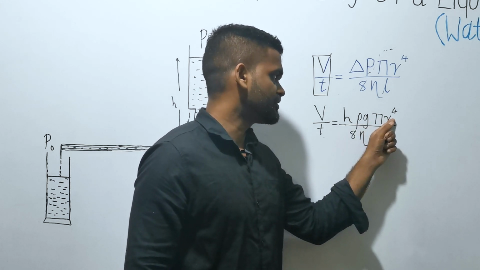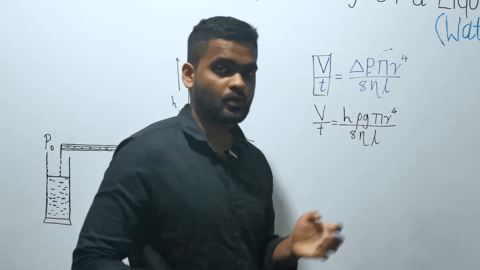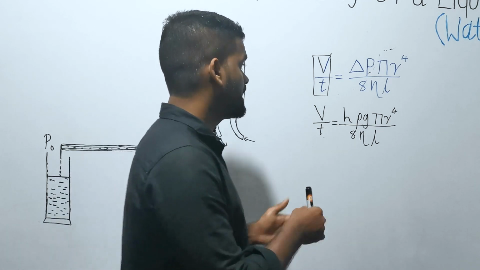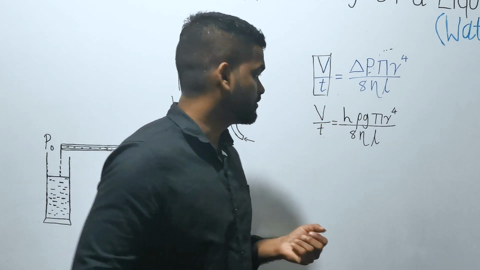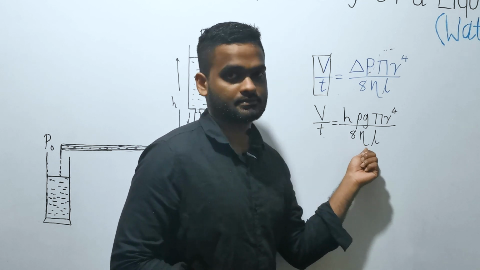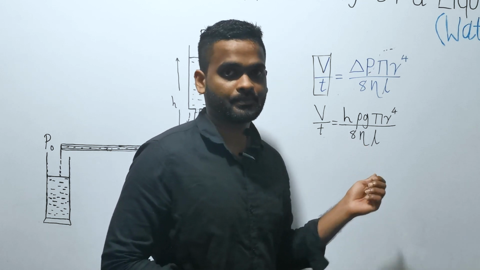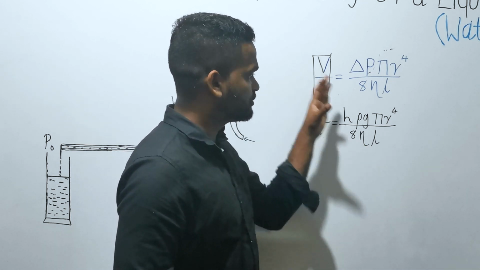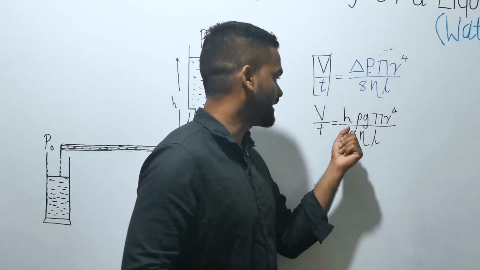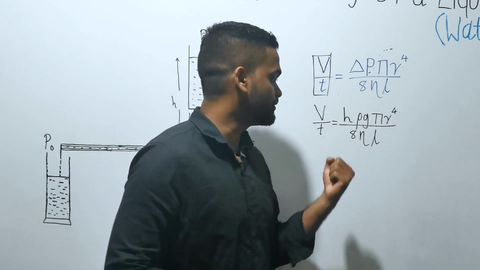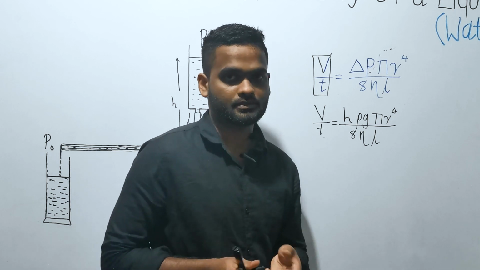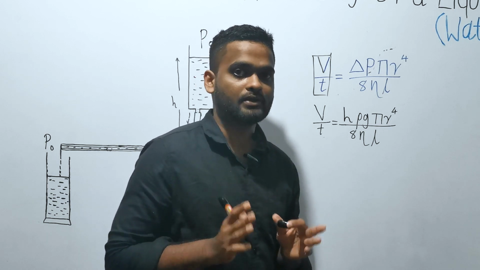We can easily measure these two as well. So once we know all those values, the only term we don't know in the equation is eta, that is the viscous coefficient. After substituting all the other values and doing a simple calculation, we can find the viscous coefficient. So that is one way to do it.